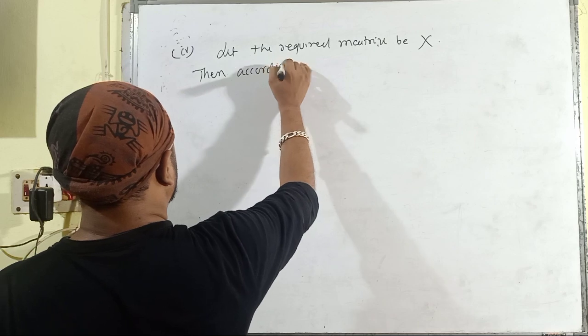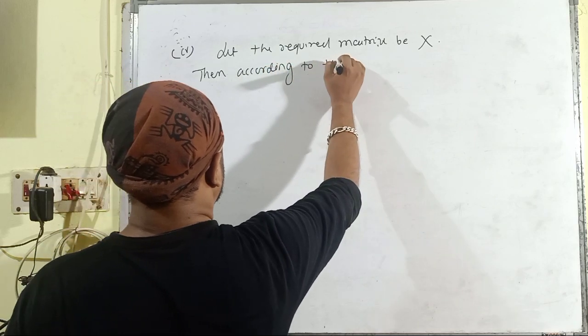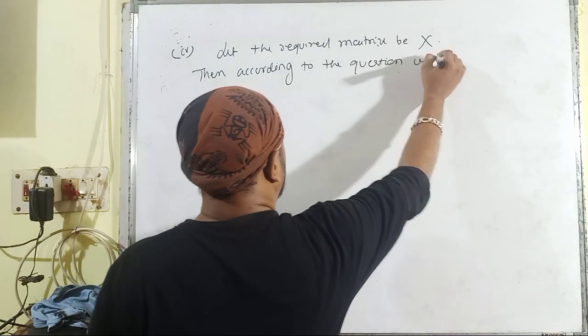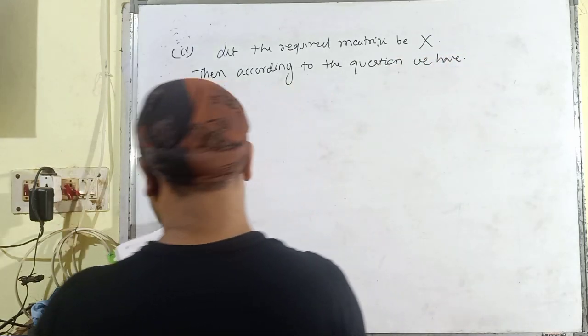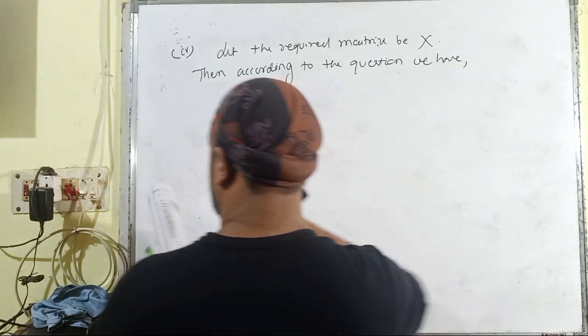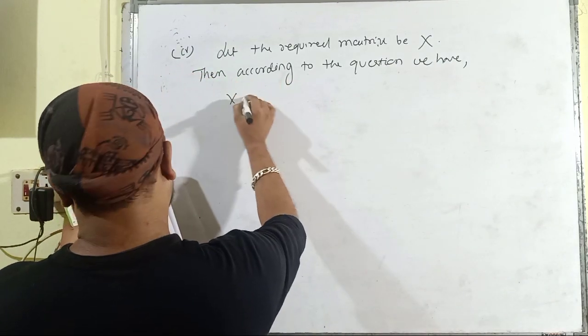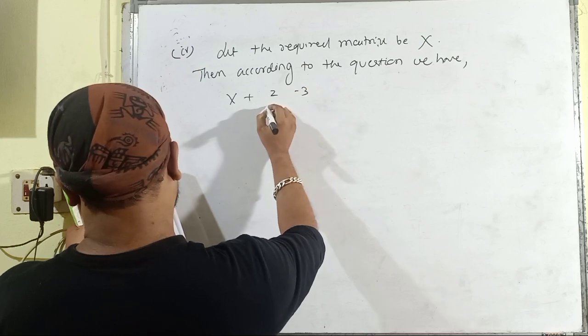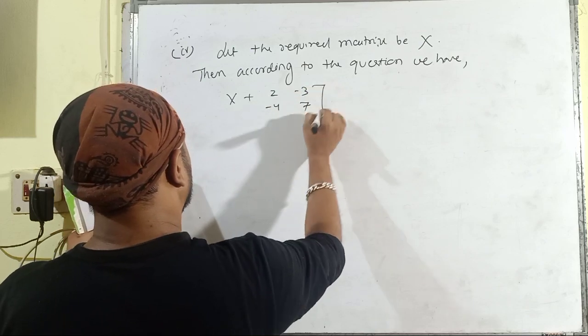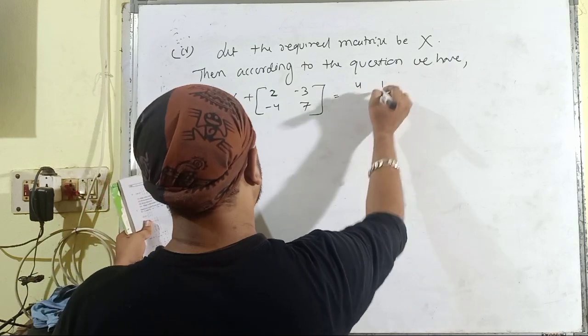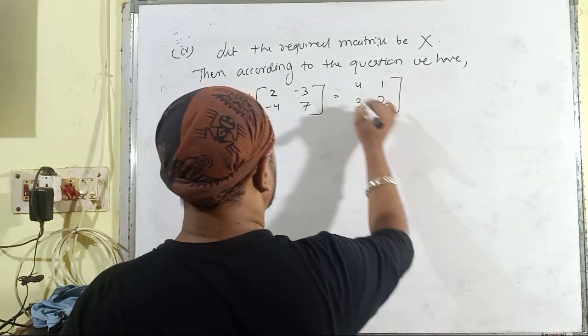Then according to the question we have X plus [2 minus 3; minus 4 7] gives us the result [4 1; 3 2].